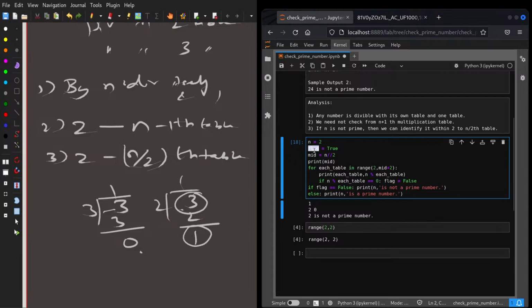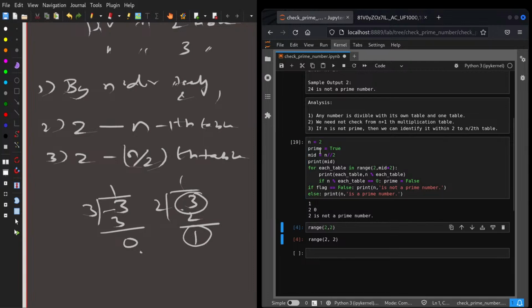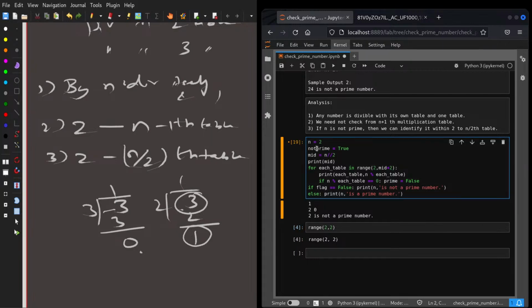Okay, let's rename the flag to prime. Why should we keep a non-meaningful word? Let's keep a meaningful variable, prime. By default, we are telling it's a prime. Sorry, not prime. By default, let's have the variable not prime.